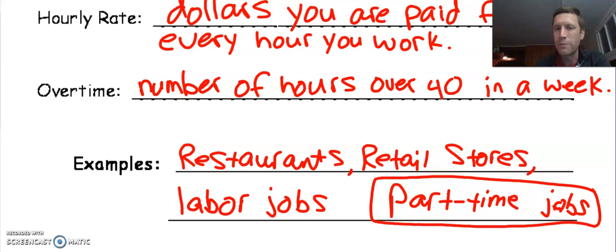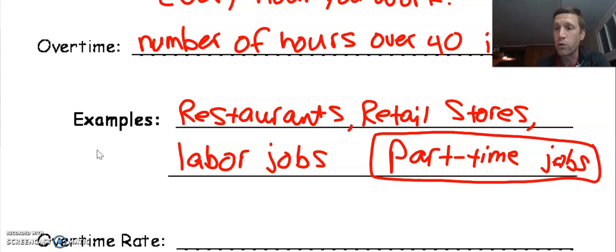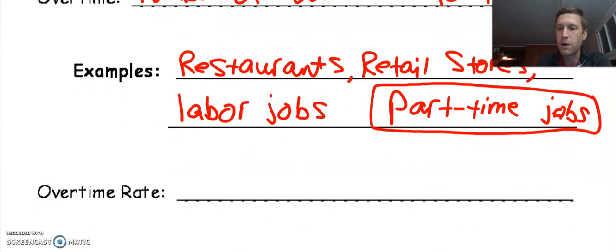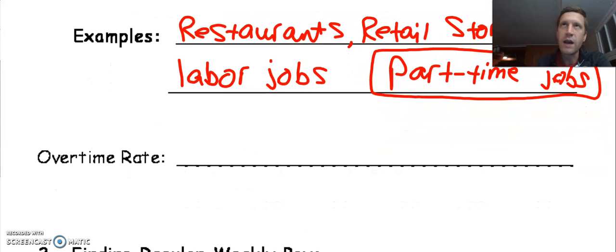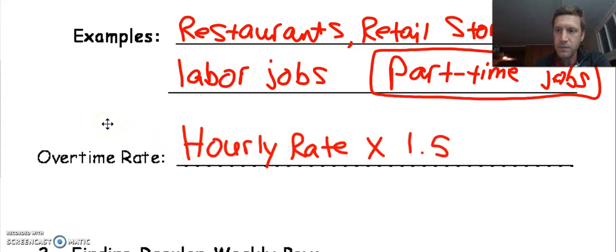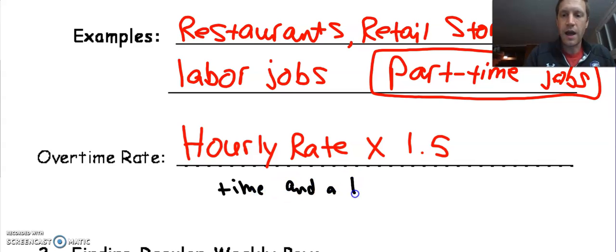Some places will not pay you overtime. They'll ban you from working more than 40 hours because it costs them more per hour if somebody's working beyond 40. And that's what we'll talk about with this overtime rate. So you have your hourly rate that you make for the first 40 hours. And after that, you make what we call time and a half. So you probably have heard that phrase before, time and a half.